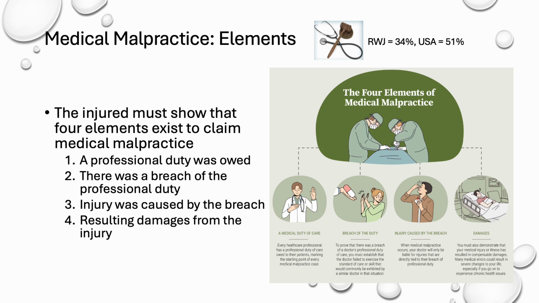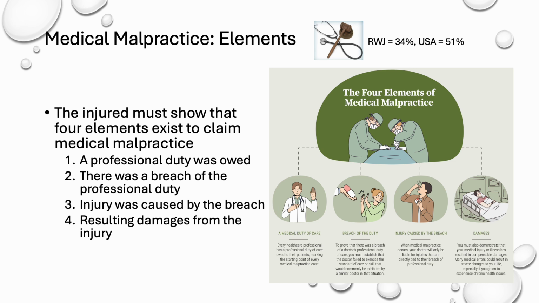So 1, they must prove that a professional duty by a physician was owed to them. That 2, that there was a breach of this professional duty by the practitioner. 3, that an injury was caused to them by this breach of duty. And 4, that the resulting damages from the injury were present and that they suffered in some way because of these damages.